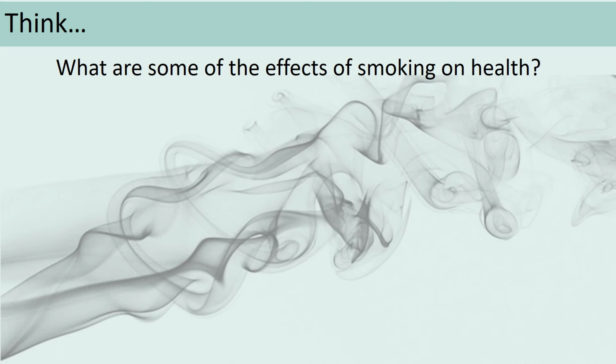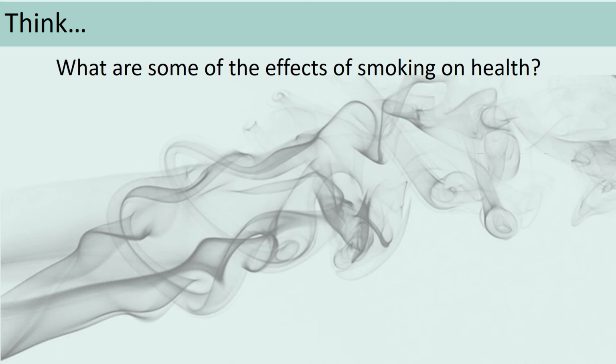We've spoken about lung cancer, but can you think of any other effects that smoking has on your health? So pause the video, see if you can make a list of different things that you know are caused by smoking, and we'll see if your answers match mine. So pause the video now, please.